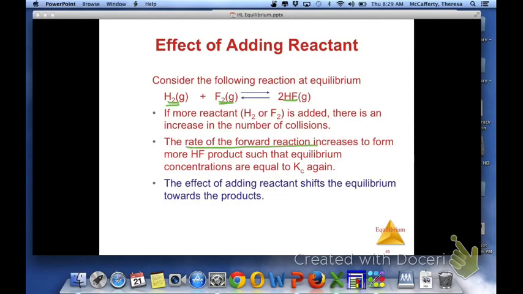It's going to increase and form more HF product, and it's going to continue to do so until the new set of concentrations is reached, until the value of Kc is again reached. So the effect of adding reactants shifts the equilibrium to the product side.